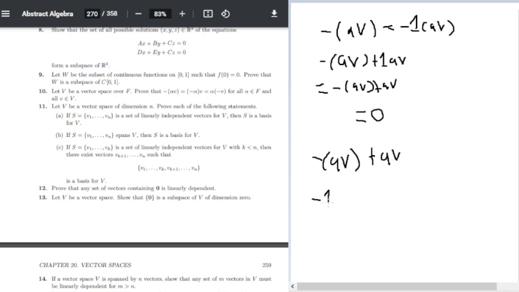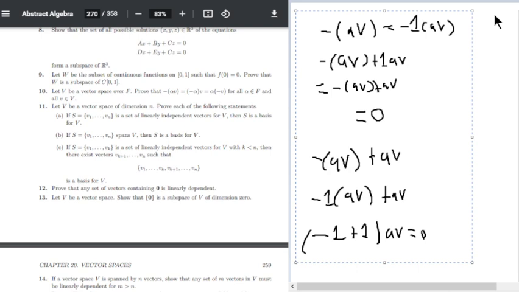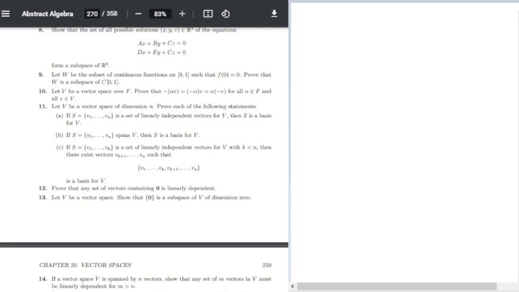So then we have negative 1 AV plus AV to get negative 1 plus 1 AV is equal to 0. Is this showing inverses for all of them? Oh, this problem's lame. Nah, I'm feeling lazy. I'll leave the rest of the details as a computation. Alright.